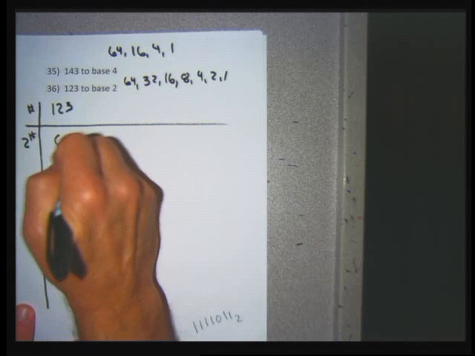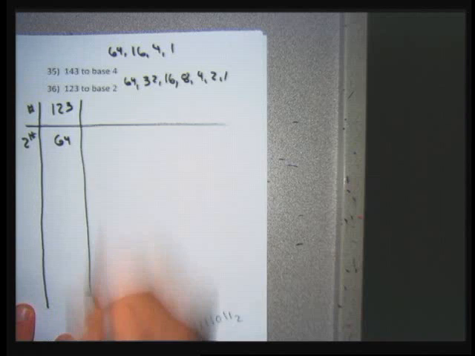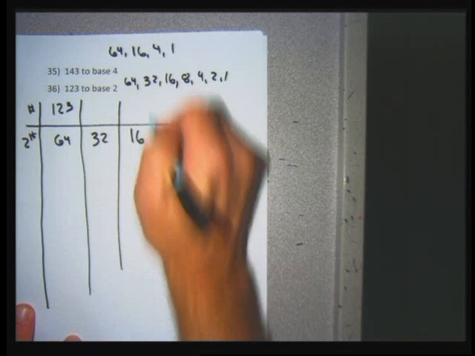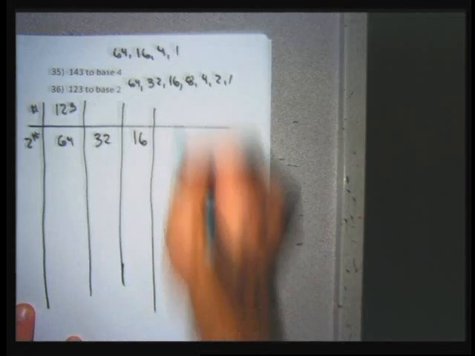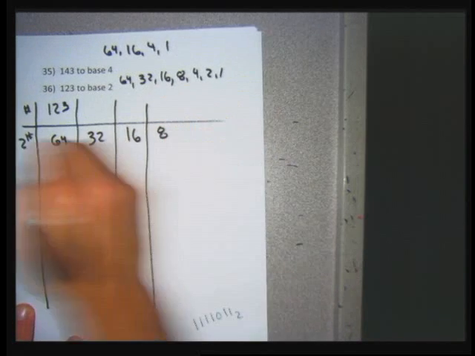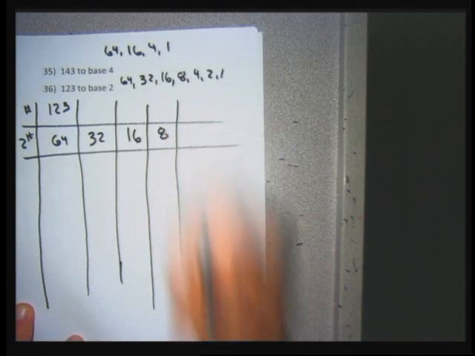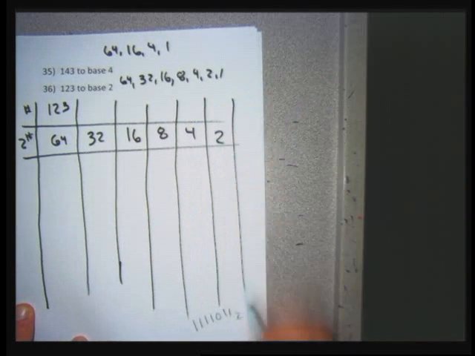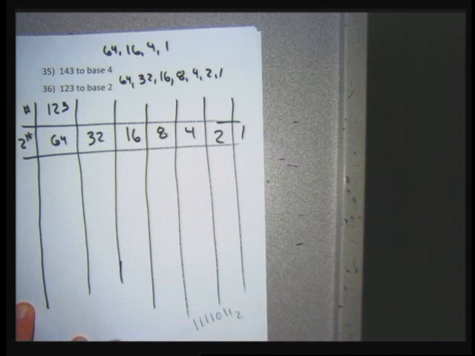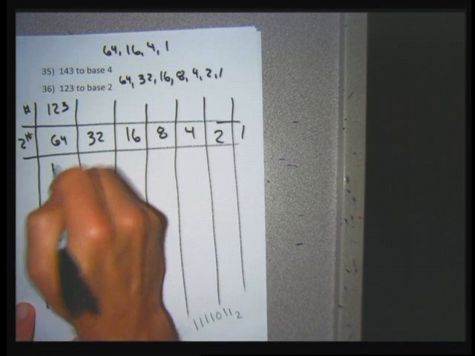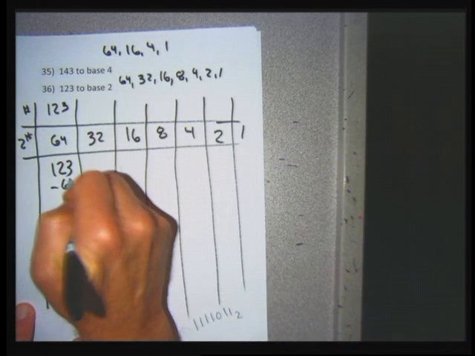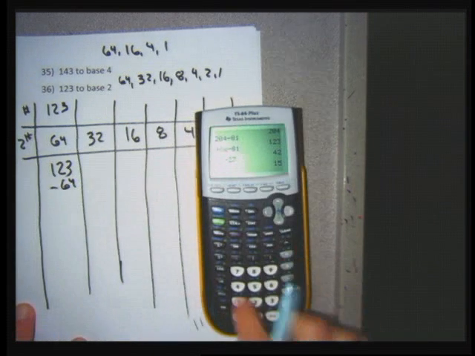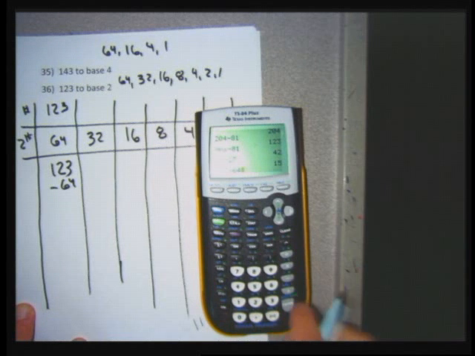I'm going to need 64, 32, 16, 8, 4, 2, and 1. And now I'm going to subtract. So 123 minus 64 is 59.